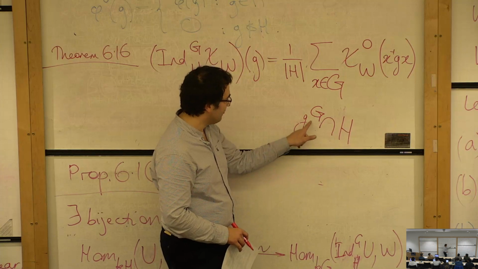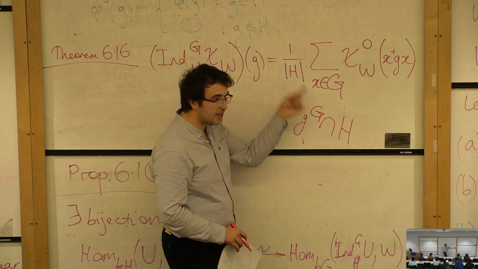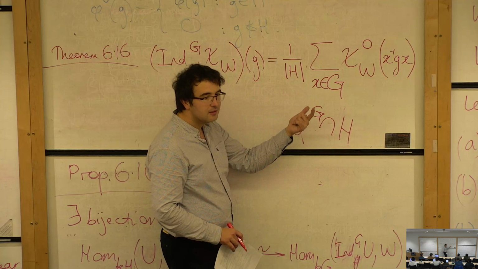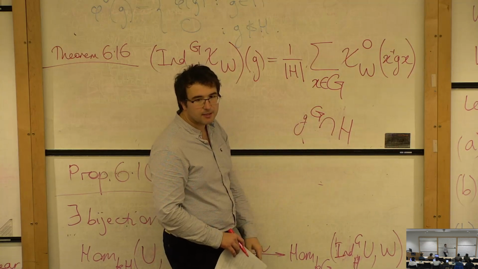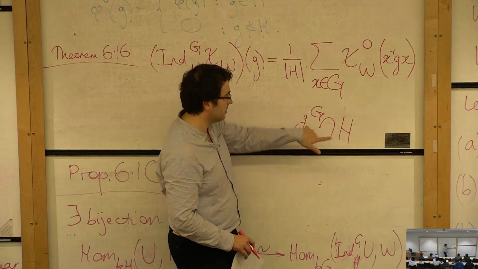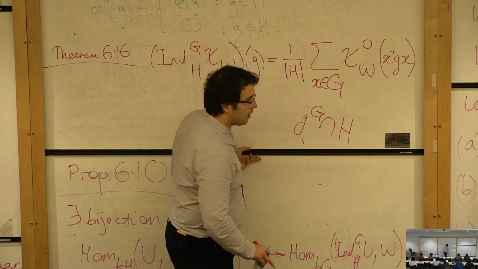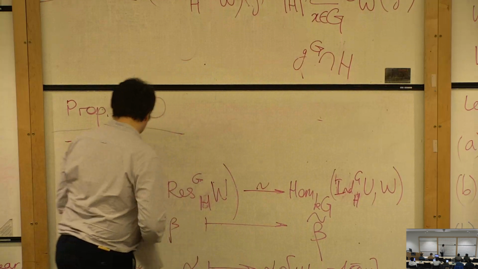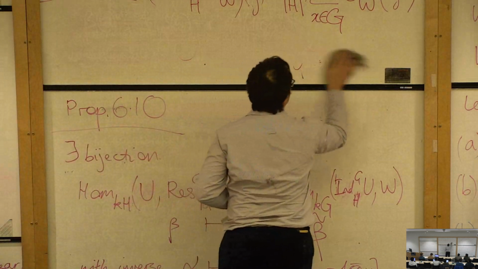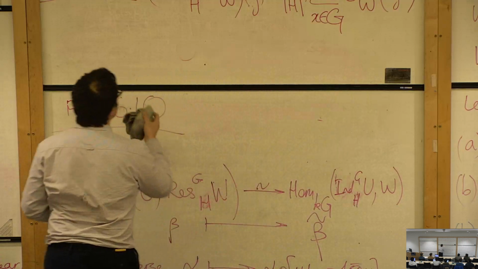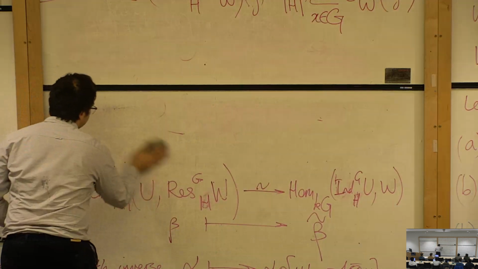Obviously, this is a single G conjugacy class, therefore it's stable under conjugation by H. This is stable under conjugation by H, therefore the intersection is also stable under conjugation by H, therefore this is a union of H conjugacy classes. But that's maybe for the next lecture. Let's prove this and take a break.